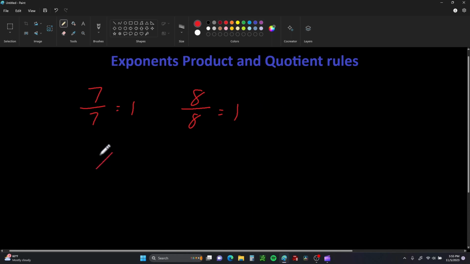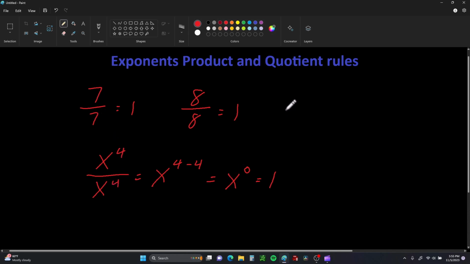So if I have x to the 4th power divided by x to the 4th power, well, our rule says that this would be x to the 4 minus 4, and this would equal x to the 0 power. And the reason why this would equal 1 is because x to the 4th, whatever the number is, divided by x to the 4th, which is the exact same number, just like 7 over 7, would be equal to 1.